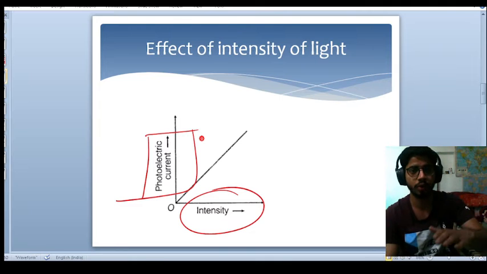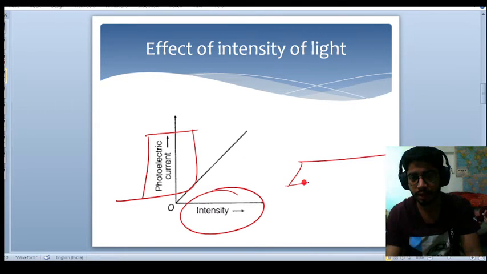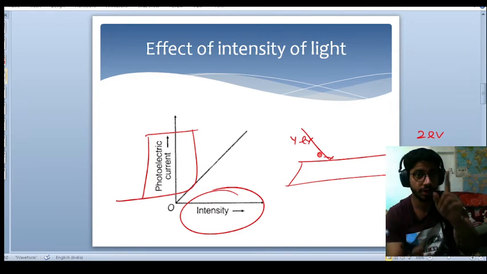There is a higher probability of ejecting one electron. Suppose a surface has a threshold energy of 2 electron volts, and we provide energy of 4 electron volts. Does that mean a single photon will eject 2 electrons?